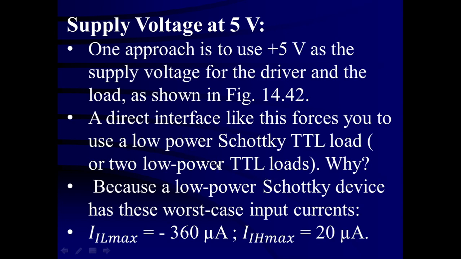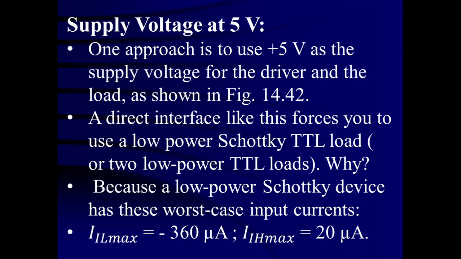I told you that if both are working at the same supply voltage, voltage-wise there won't be a problem, because the CMOS output going low is 0 volt, which is compatible with the TTL input that requires less than 0.8 volt, and the CMOS output going high is 5 volt, which is properly required for the TTL input, which should be between 2 volt to 5 volt.